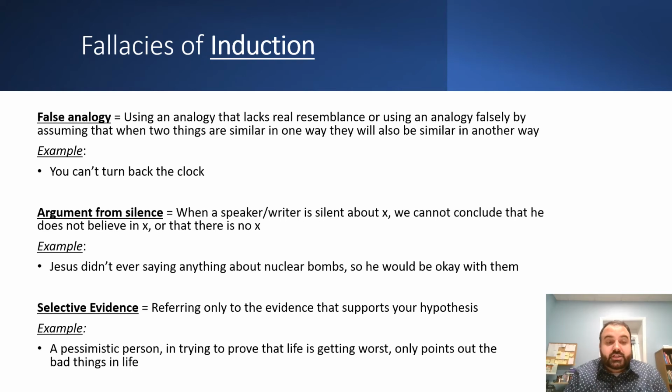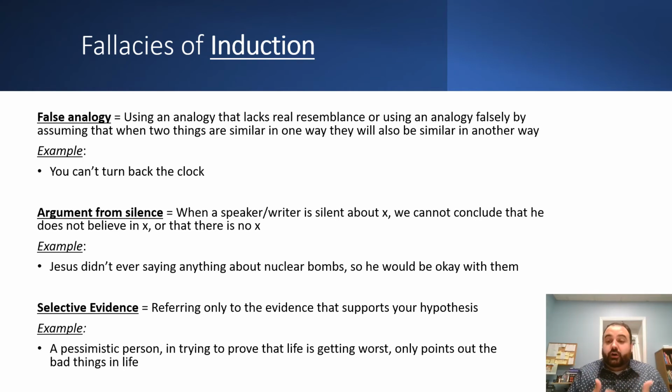So, for instance, saying that Jesus never said anything about nuclear bombs means that he would obviously be okay with nuclear bombs. Well, he didn't say anything about nuclear bombs because they didn't exist during first century Judea. But that would be a bad argument to make.